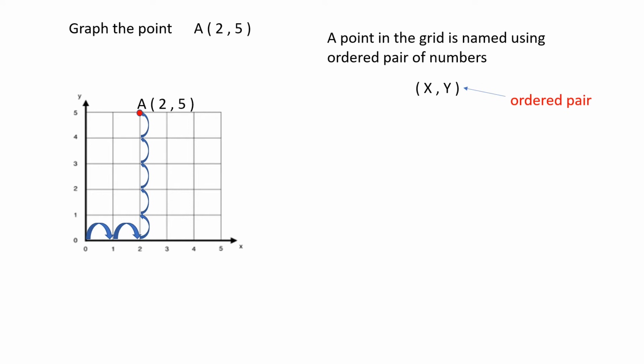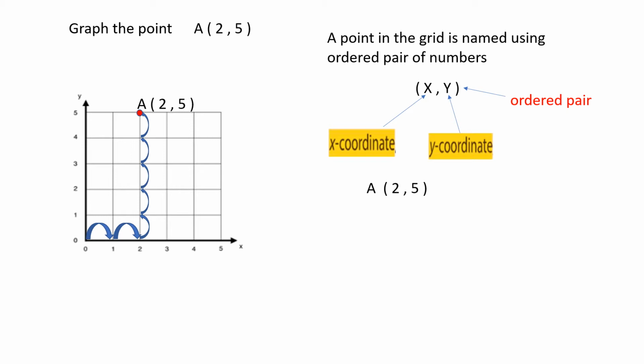The first number, x, is called the x coordinate, and the second number, y, is called the y coordinate. So for the point (2, 5), what is the x coordinate? The x coordinate is 2. And the y coordinate is 5.